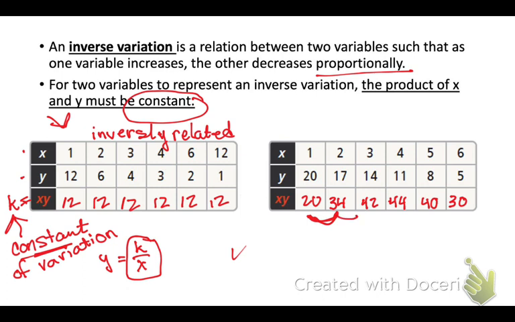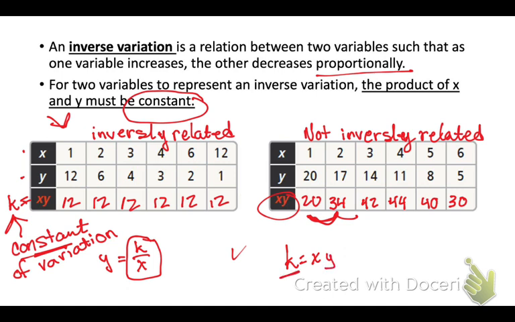Yeah. So are these inversely related? No. Because K equals XY and K is the constant of variation. So if it's not constant, they're not inversely related.